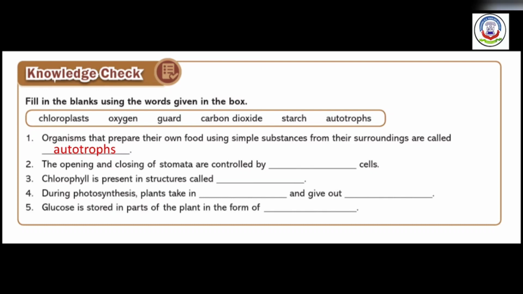Number 2. The opening and the closing of stomata are controlled by guard cells. Number 3. Chlorophyll is present in the structures called dash. Answer is chloroplast. Number 4.